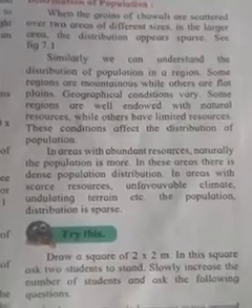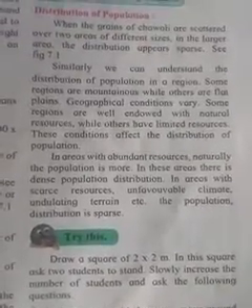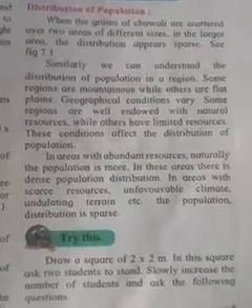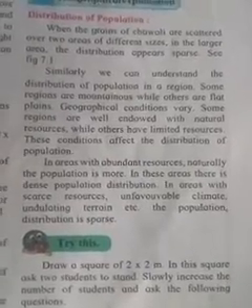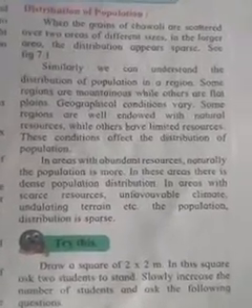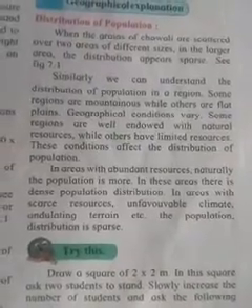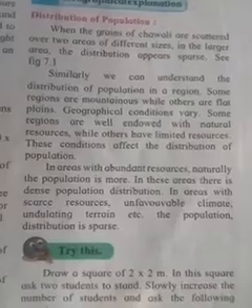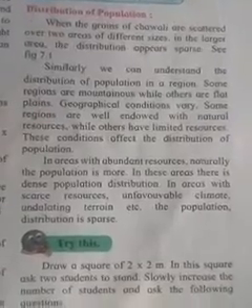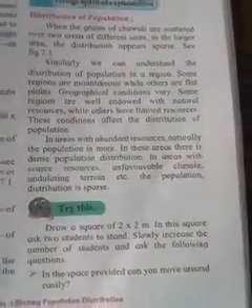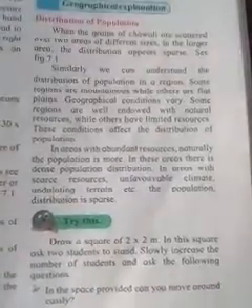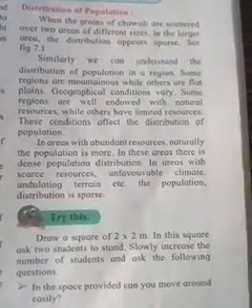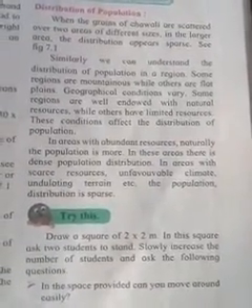That means where there are sufficient natural resources, there are crowds of people, and where resources are limited, there is a smaller population. In an area with abundant resources, naturally the population is more.